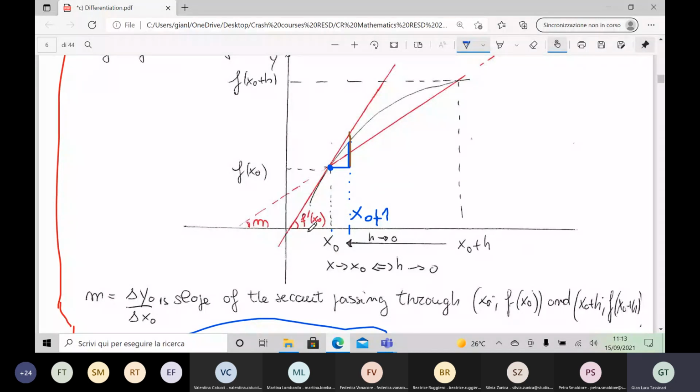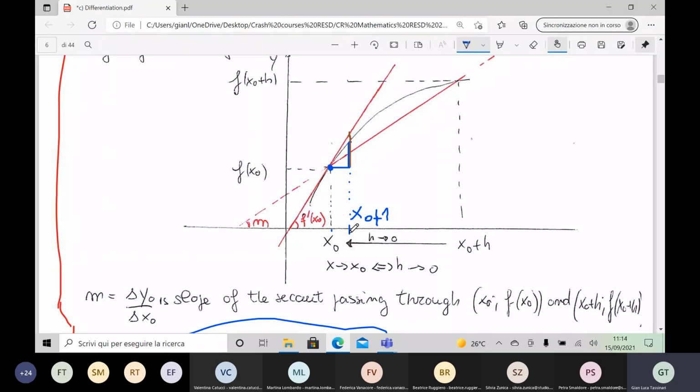Why estimated? Look, here is x0, okay? Suppose that you go from x0 to x0 plus 1, which gives the true change in the value of the function. Here you have x0 plus 1. Go above, above, above, until you touch the graph of your function, the black one here.